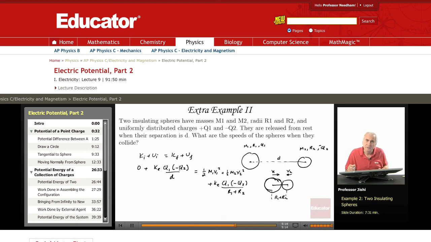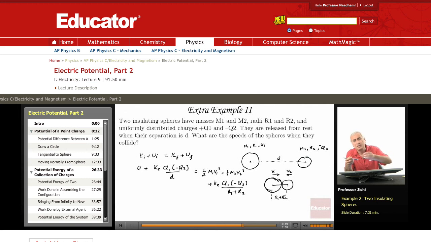What is the other equation? Conservation of momentum. Now, true, there is a force on each one of them. But taken together, there are no forces from outside acting. So when I think of the system as consisting of the two spheres, they're only subjected to internal forces.